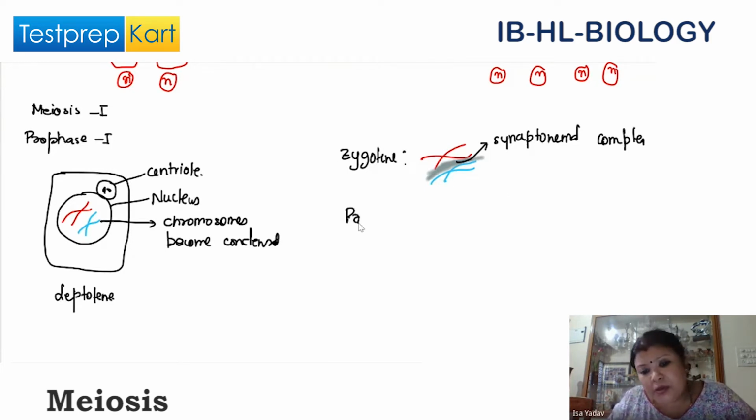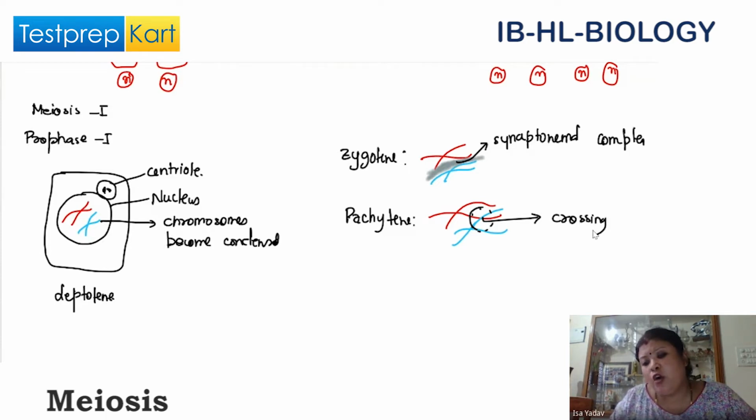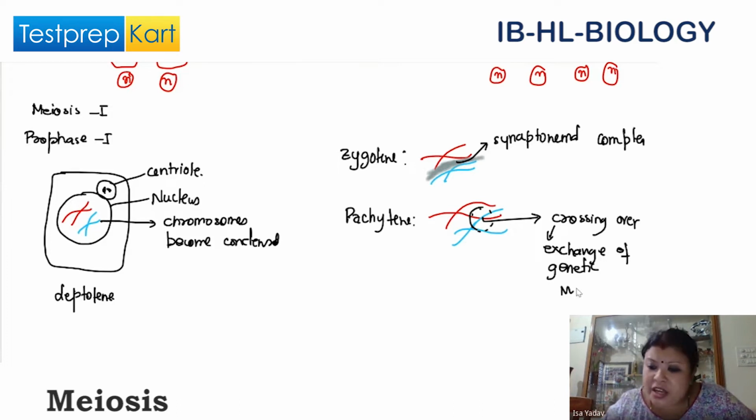In pachytene, we observe a very important feature called crossing over. Crossing over means exchange of genetic material.